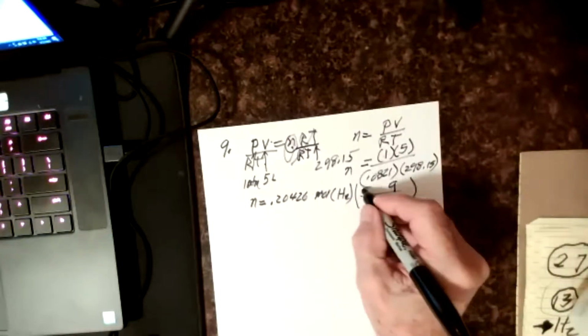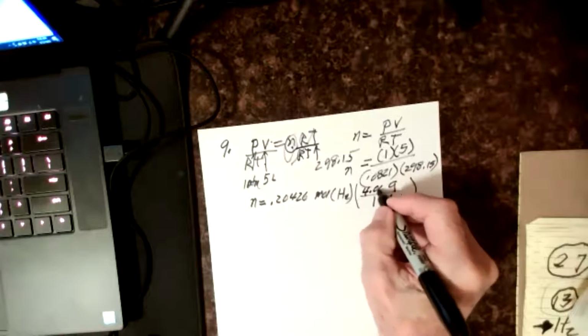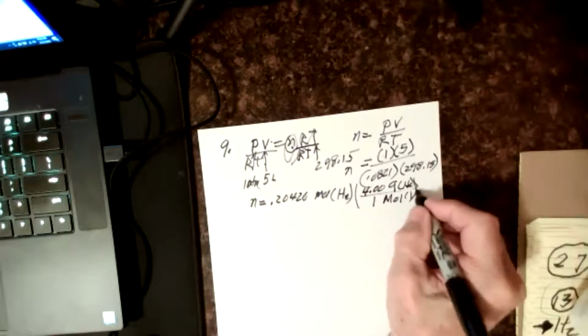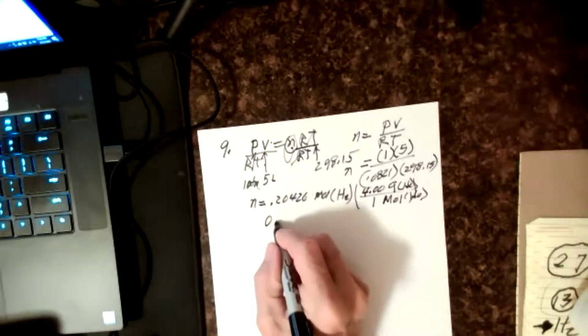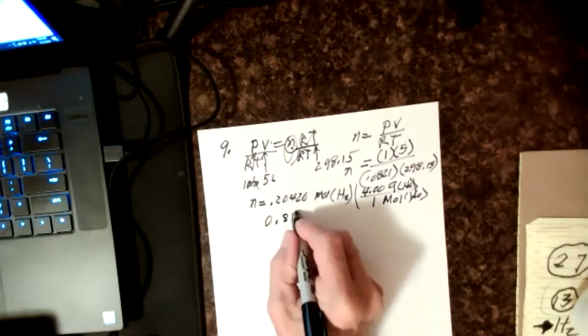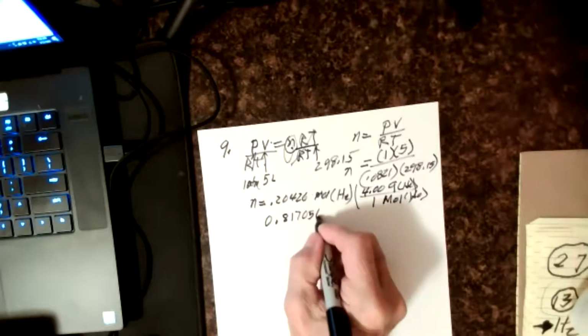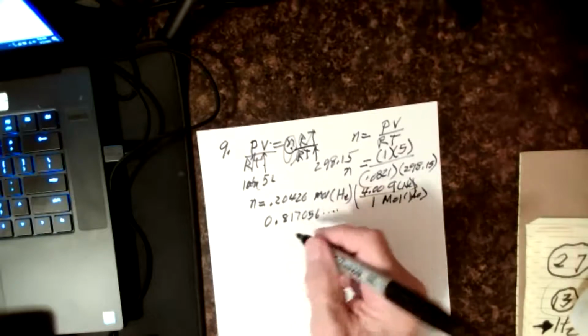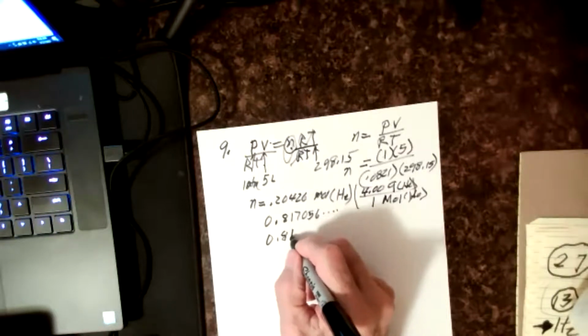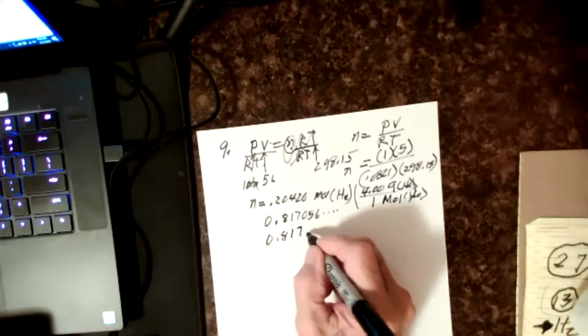And now there's 4.00 grams of helium in 1 mole of helium. So I just need to multiply my answer on my screen by 4. And I get 0.817056 and bunches of digits, and 0.817 is what I'm getting.